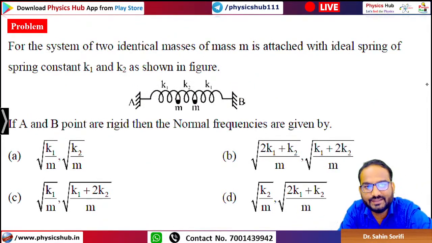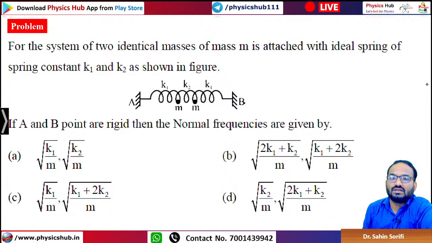Let's quickly do this problem. For the system of two identical masses of mass m attached with the ideal springs of spring constants k1 and k2 as shown in the figure, if A and B points are rigid, the normal frequencies are. Do it quickly, guys.